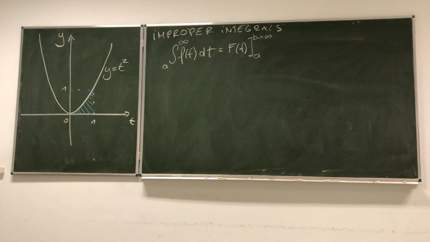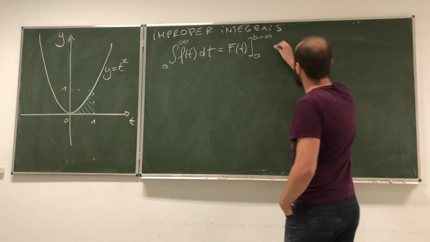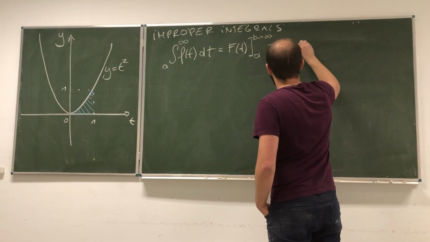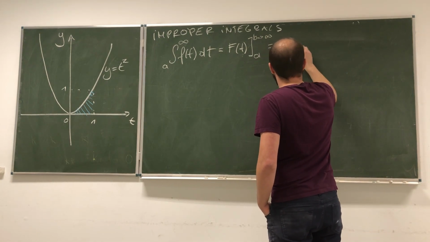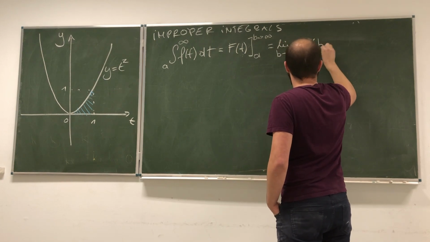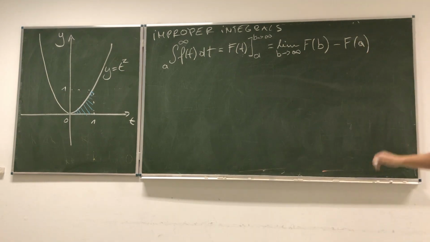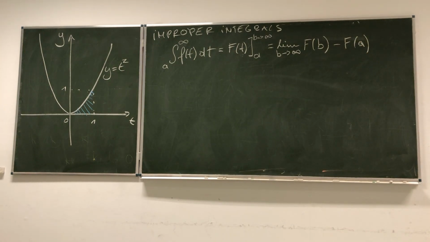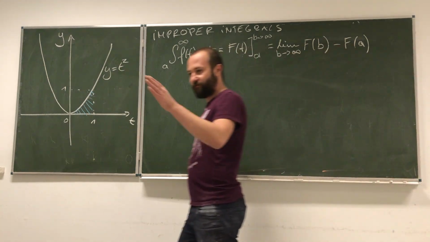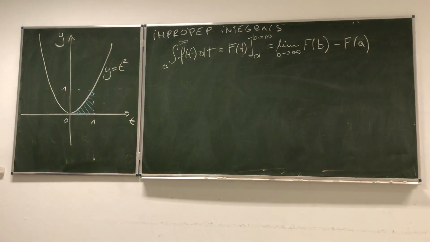Because of course we cannot substitute infinity. But when something is going to infinity, we just need to calculate the limits. And then we subtract f of a. Once we've calculated this, we will be able to find the area below some function from some point to infinity.